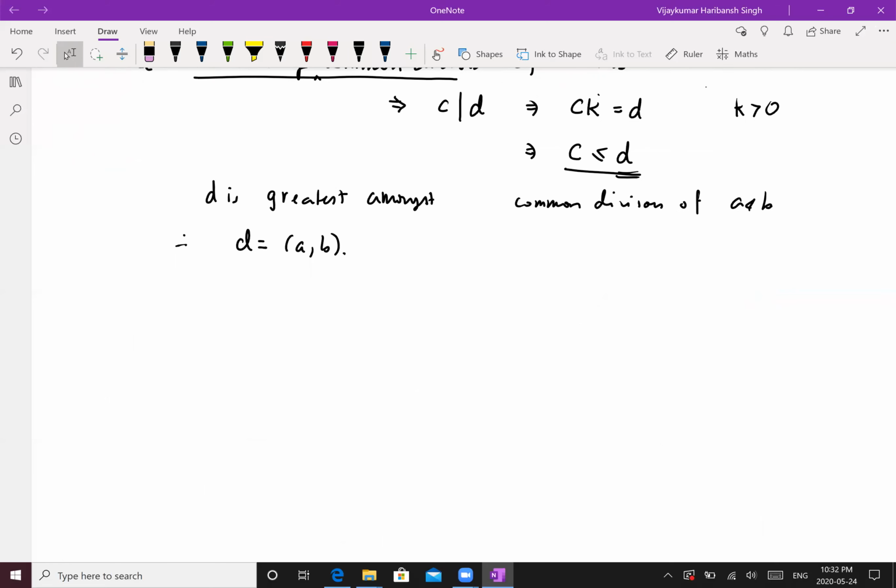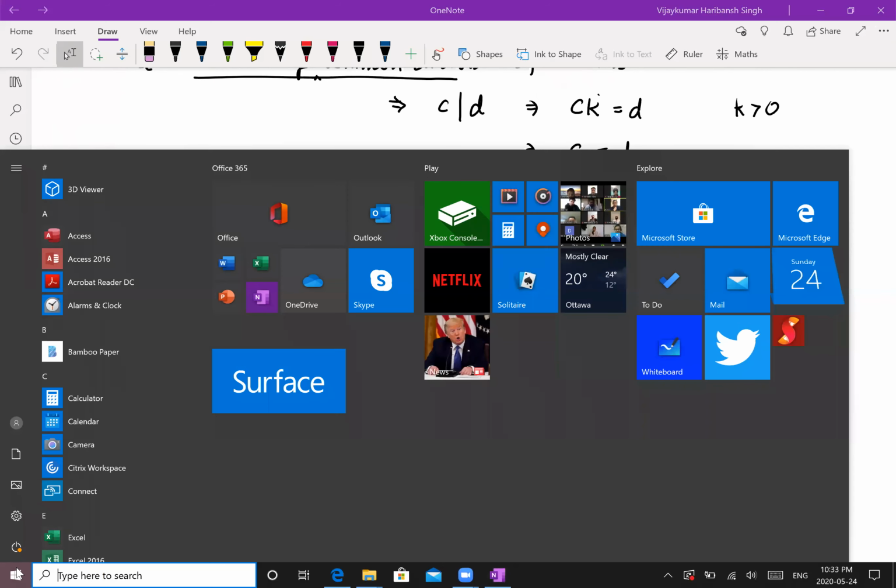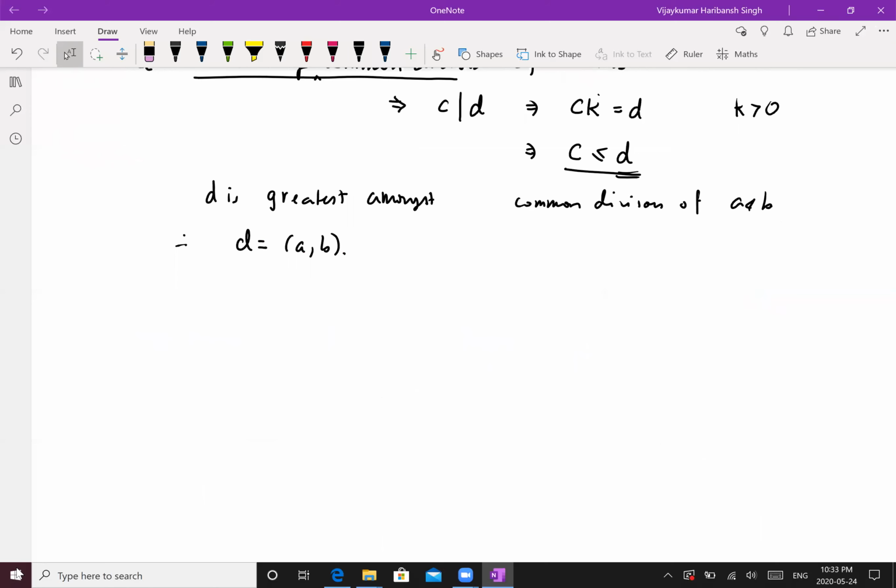Now we can extend this definition. Instead of talking about GCD of 2, why can we not talk about GCD of n integers? So again, let's have the following definition.